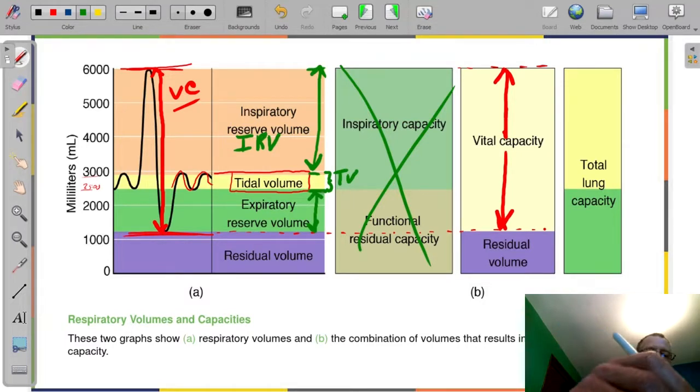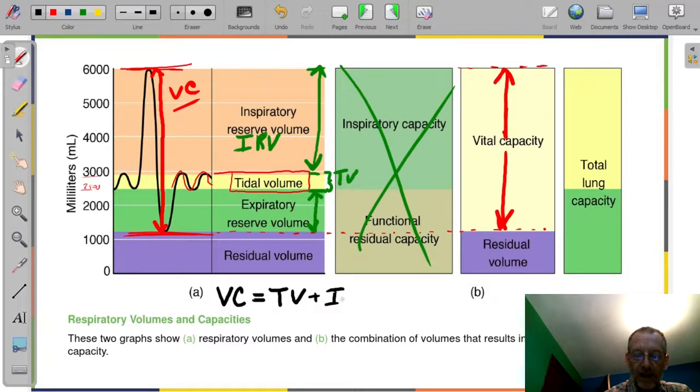So we could express vital capacity as VC, vital capacity, it just equals the sum of those other three. Doesn't matter what order you add them. Tidal volume plus IRV plus ERV. You could add them in any order you want. The sum will still be the same.